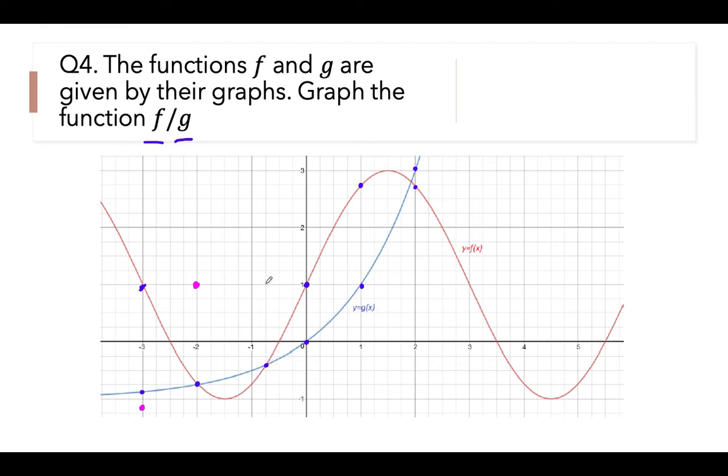Also it's going to give me positive 1 because the same number divided by the same number is equal to 1. And then here, it's going to be 1 divided by 0. But 1 divided by 0 is undefined. It does not exist. If that's the case, that means we have a vertical asymptote over here. Okay, because it does not exist.